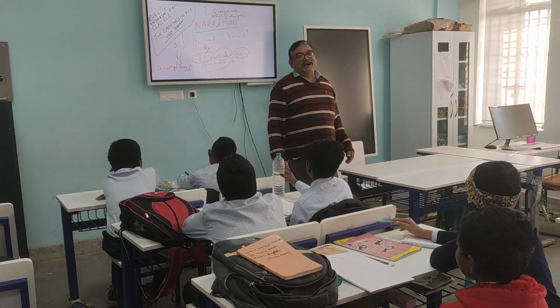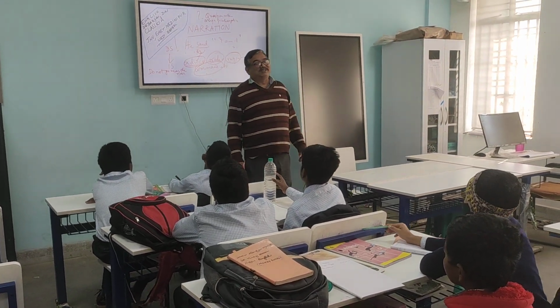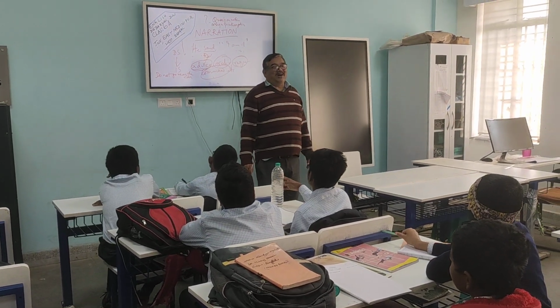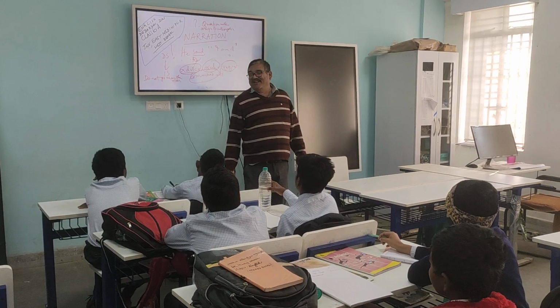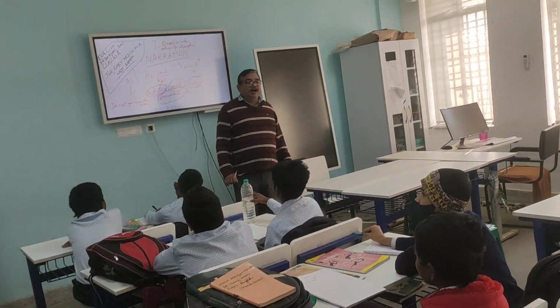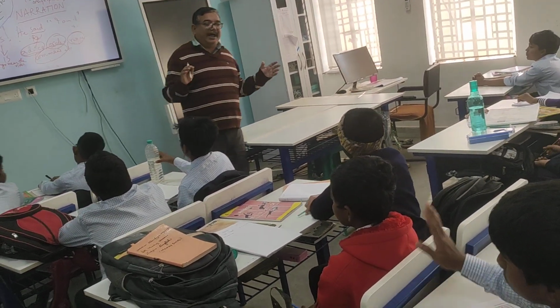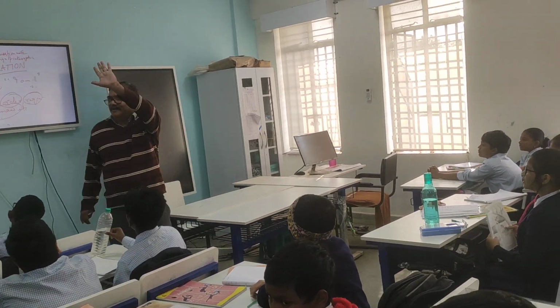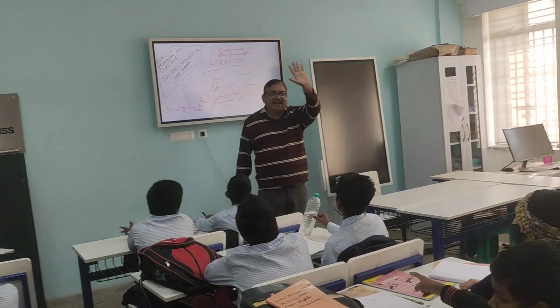And finally, the optative sentence expresses wish or prayer. May you be happy. May God bless you. May you live long. So in narration, there will be 5 kinds of sentences.